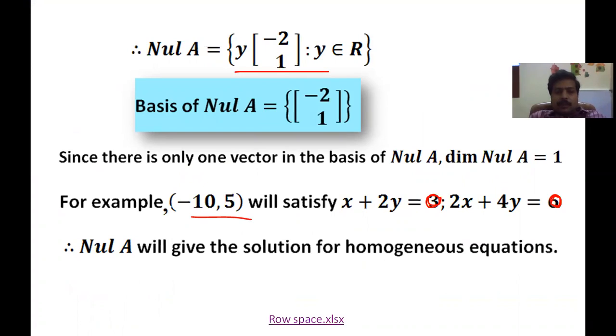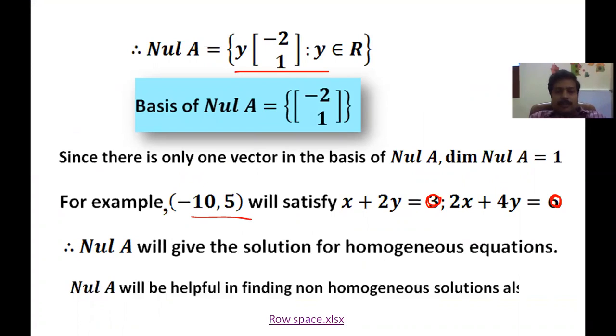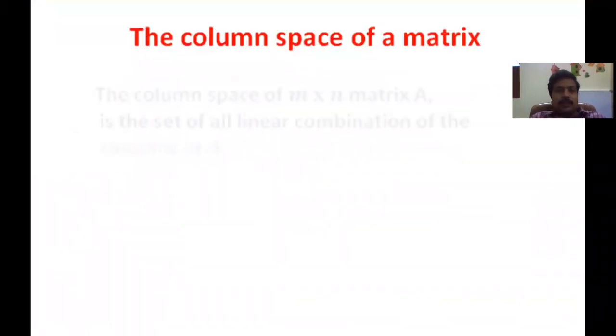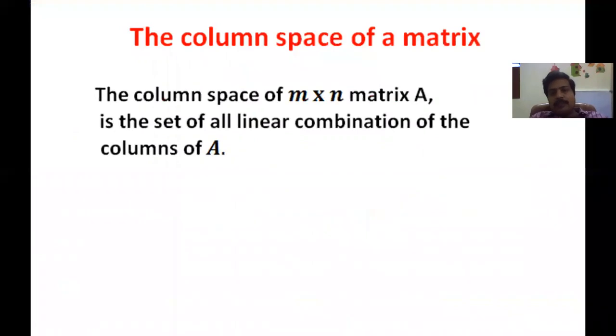So these points were discussed just now: null space will give the solution for a homogeneous equation, and it is also helpful in finding non-homogeneous solutions. So let us discuss the column space of a matrix.